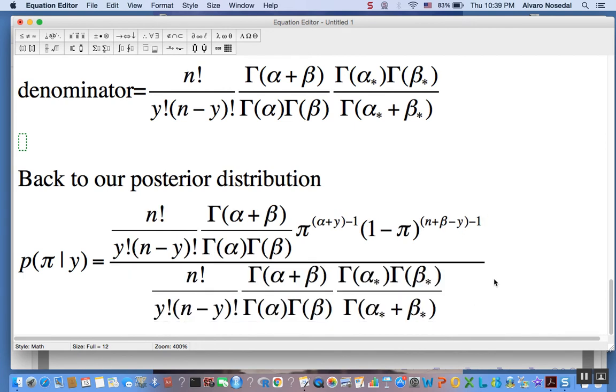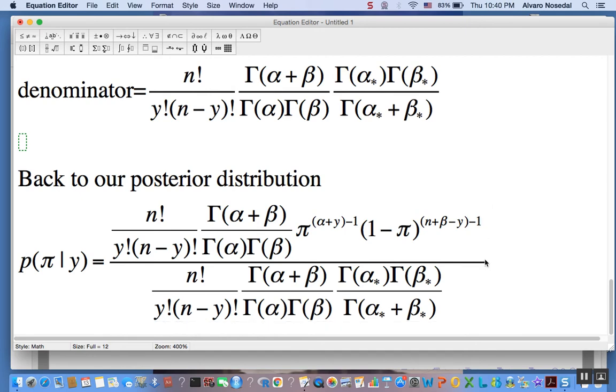Okay, now before we simplify that expression for our posterior distribution, an observation. This nasty looking guy, our denominator, it looks ugly, but it is just a constant. Yeah, an ugly looking constant, but a constant still.